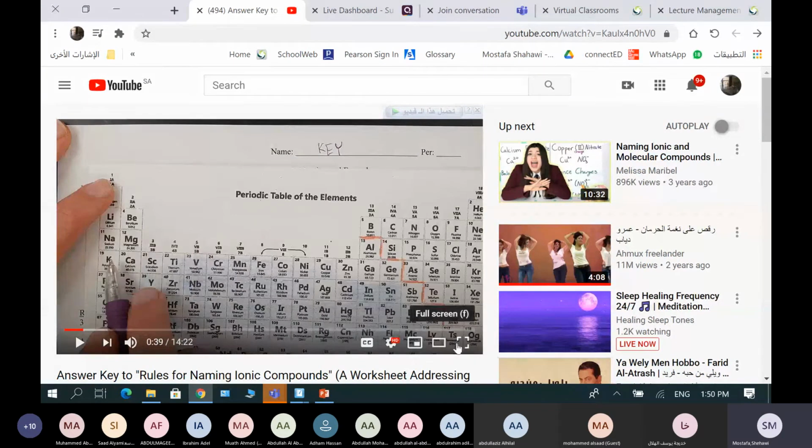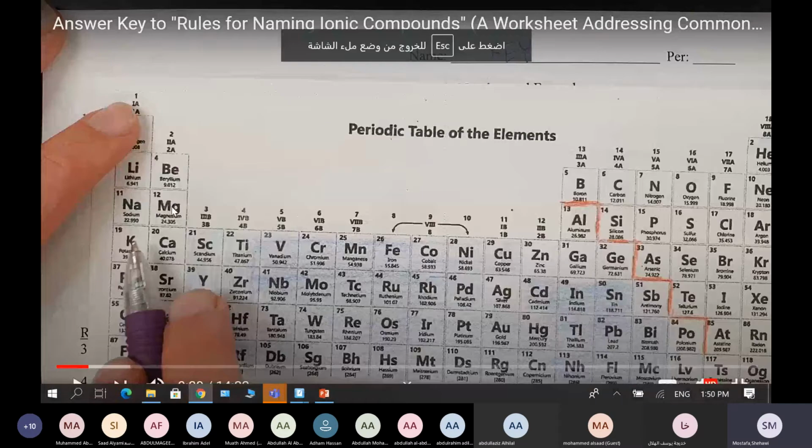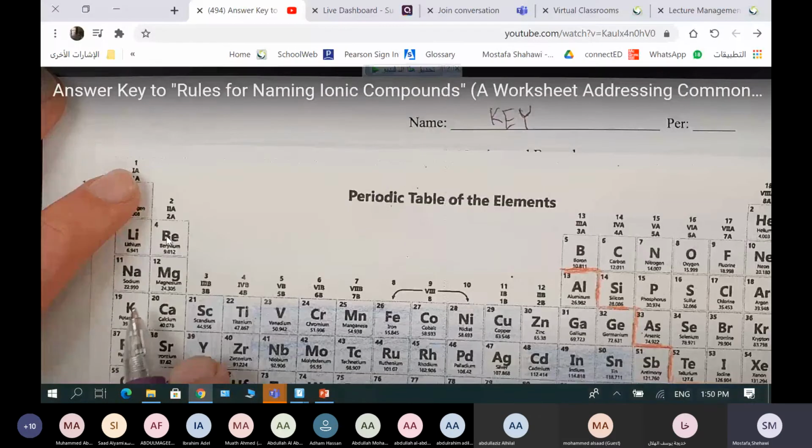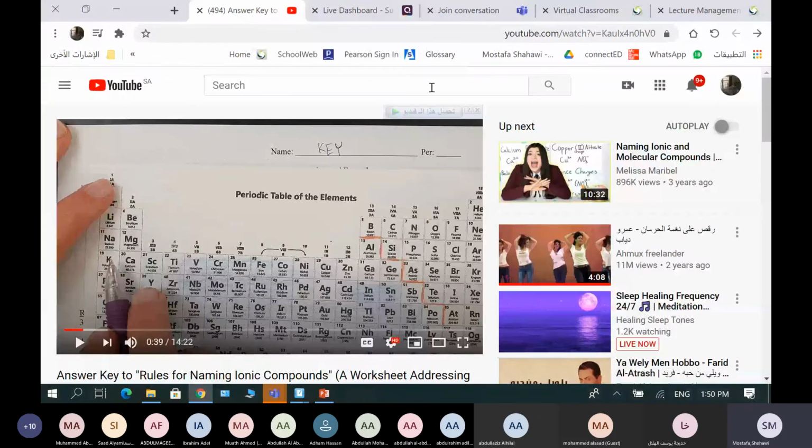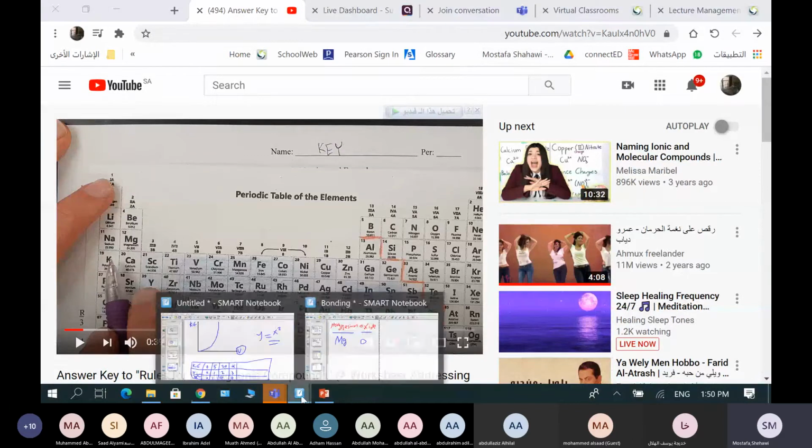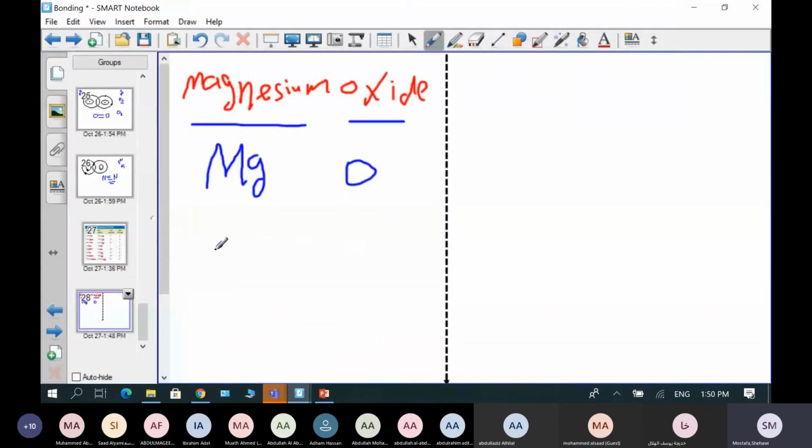Magnesium in group 2A will lose 2, so magnesium will have the oxidation number 2. I will write here 2.